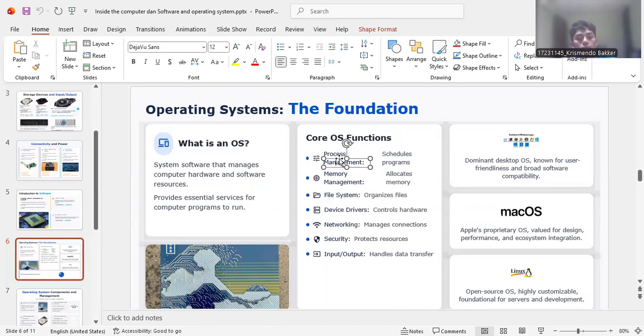Core OS functions: process management to schedule programs, memory management to allocate memory, file system to organize files, device drivers to control hardware, networking to manage connections, security to protect resources, and input/output to handle data transfer. There is a variety of operating systems like Windows, Mac OS, and Linux.